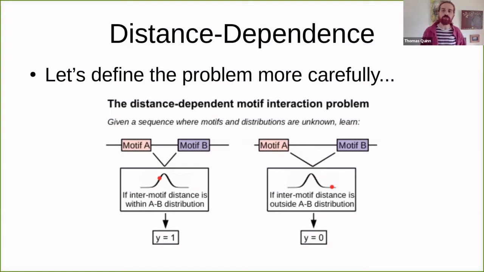So we'll assume that if the motifs are within an appropriate distance, represented by a distribution, then the event occurs, which is y = 1. But if the motifs are present but too far apart or too close together, i.e. they're outside of that distribution, the event won't occur. We'll have y = 0. The event also won't occur if one of the two motifs or both of the motifs are missing.